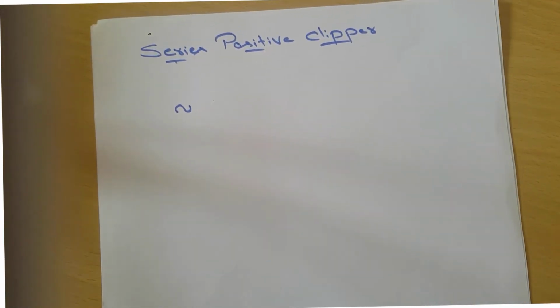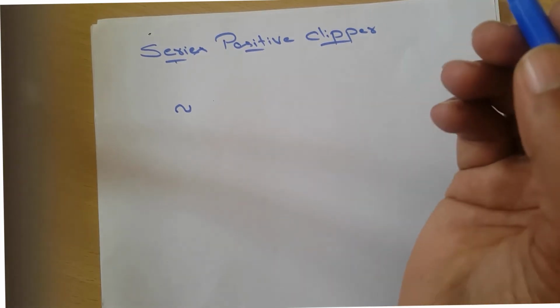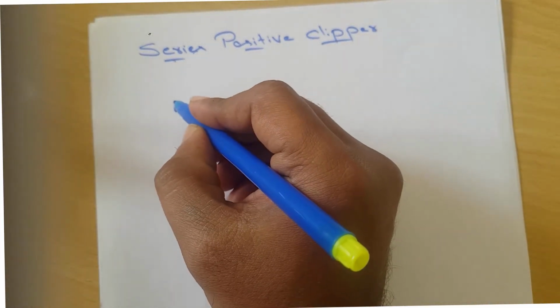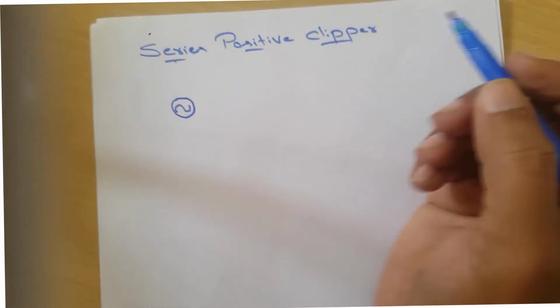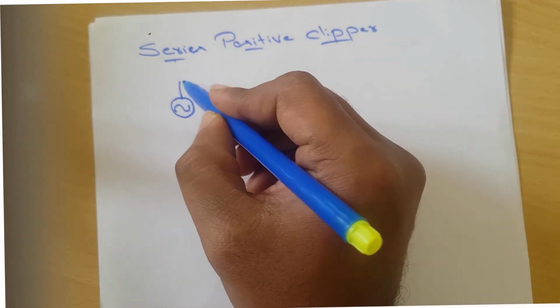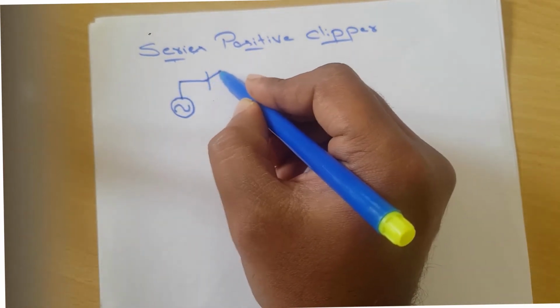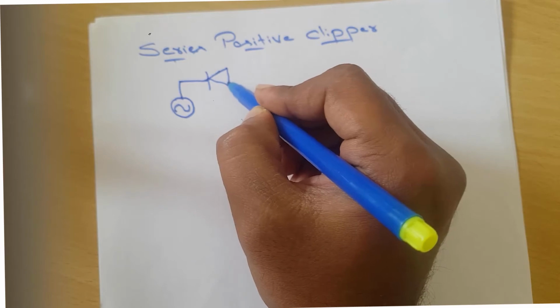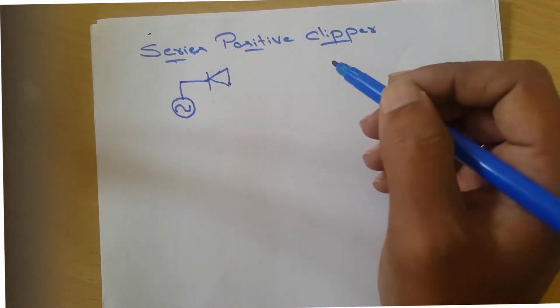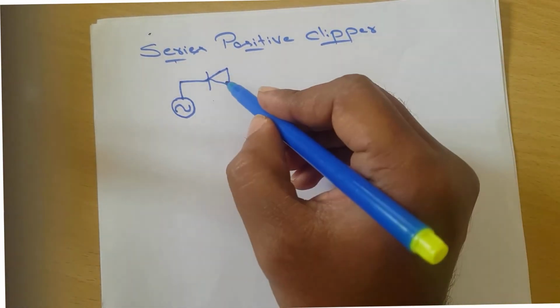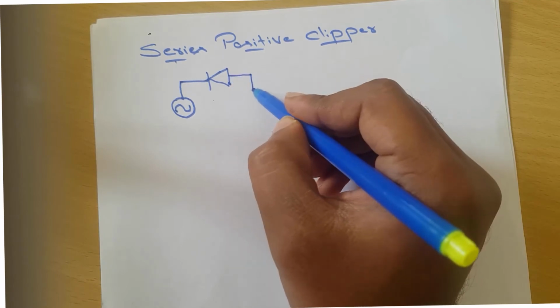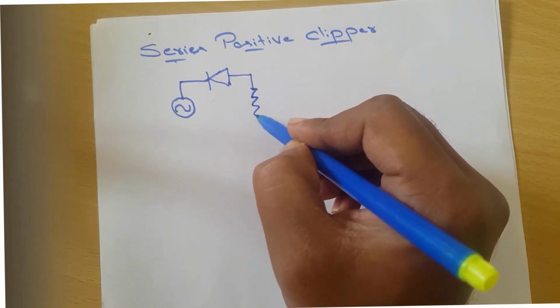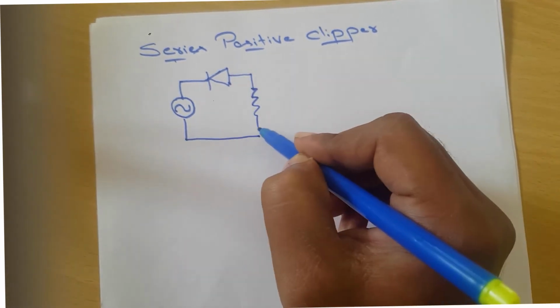A series positive clipper should consist of a source. Let me consider an alternating source where the diode is connected in series with the source in such a way that it removes the positive portion of the given waveform, and there should be a load resistance.